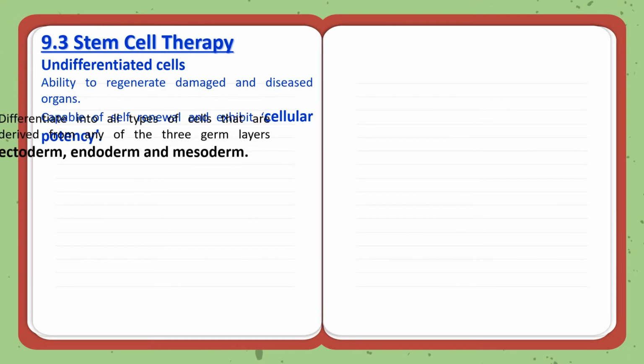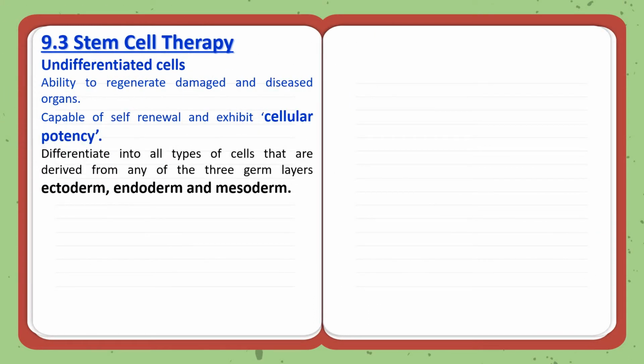Next, we pass on to stem cell therapy. Stem cells, I hope you know very well, are undifferentiated cells. What do we mean by undifferentiated cell? It can differentiate into any kind of cell. The stem cell has the ability to regenerate damaged and diseased organs.